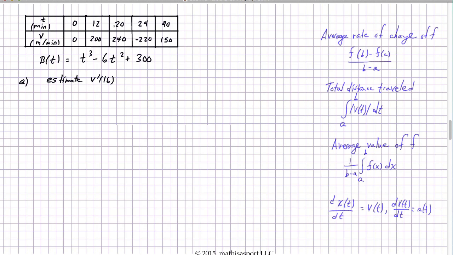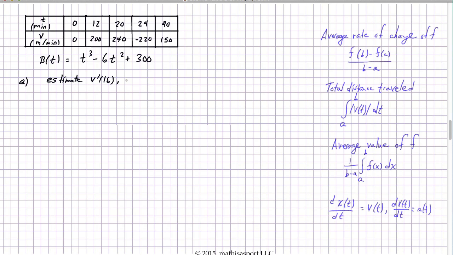We have the values of that function both before and after 16. And so we're going to say that the best way to do that is, because 16 is midway between 12 and 20, we're going to use the average rate of change of the velocity over that interval.